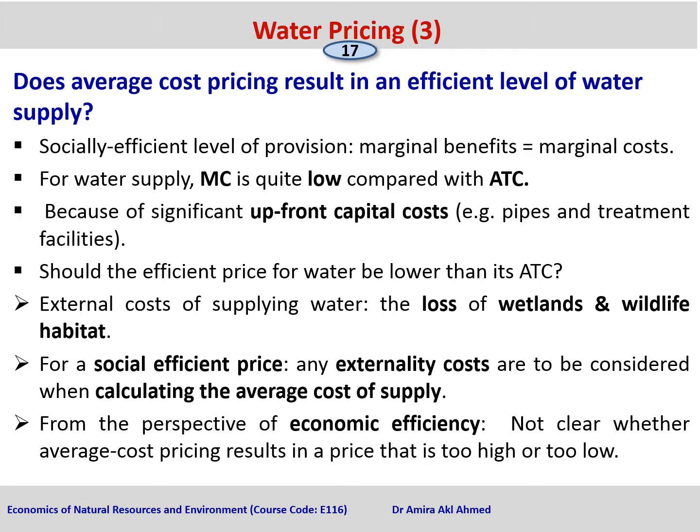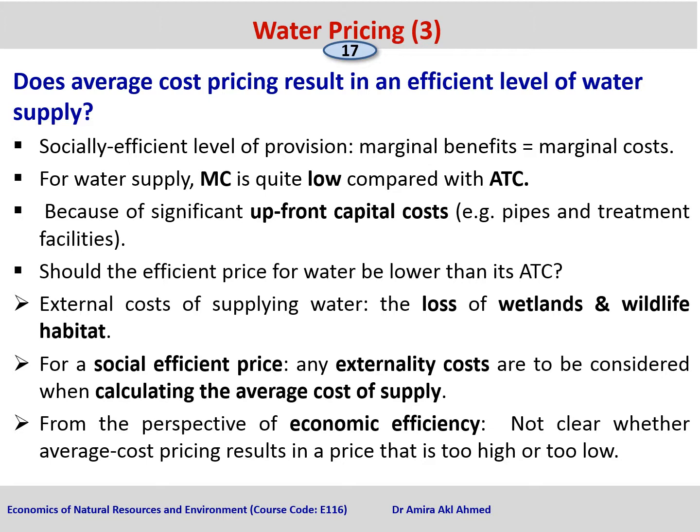The socially efficient level of provision for a good occurs when marginal benefits equal marginal costs. Normally, the marginal cost of water supply is quite a bit lower than its average total cost.